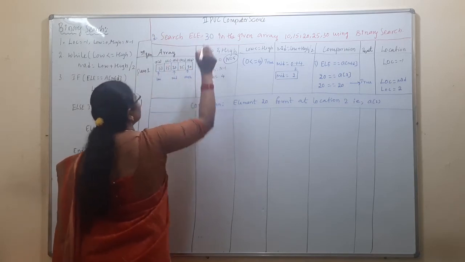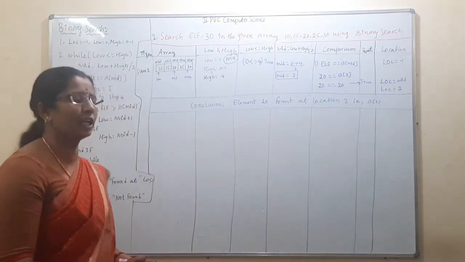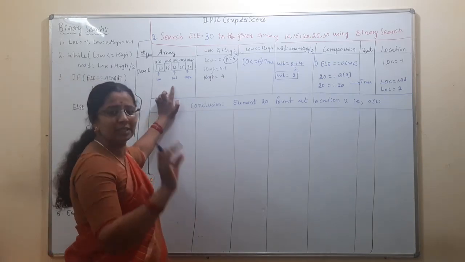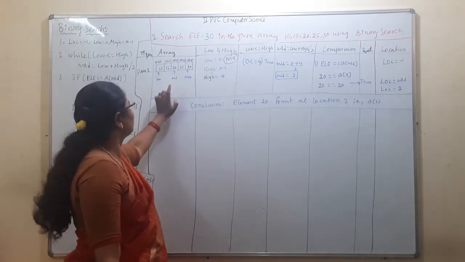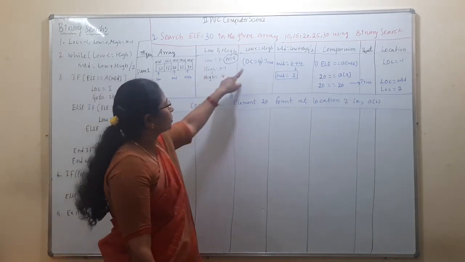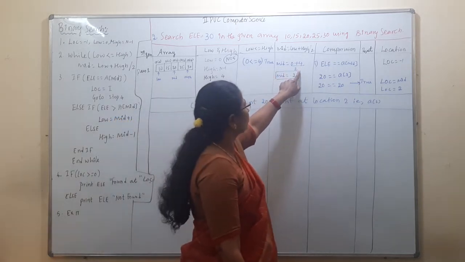The element is 30. Searching element now is 30. We are in the second problem. Then the first pass will be the same for the previous problem and the present problem. So low will be 0, high will be n minus 1, 0 is less than or equal to 4, and mid value is (0 plus 4) divided by 2.